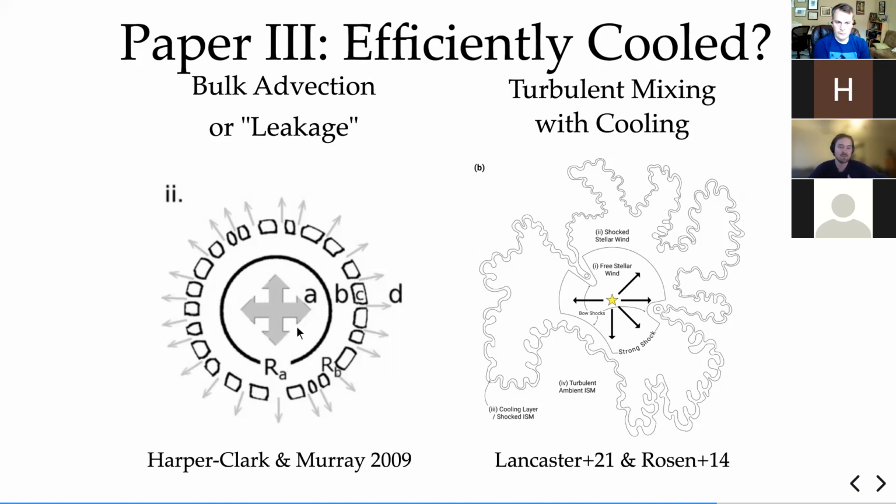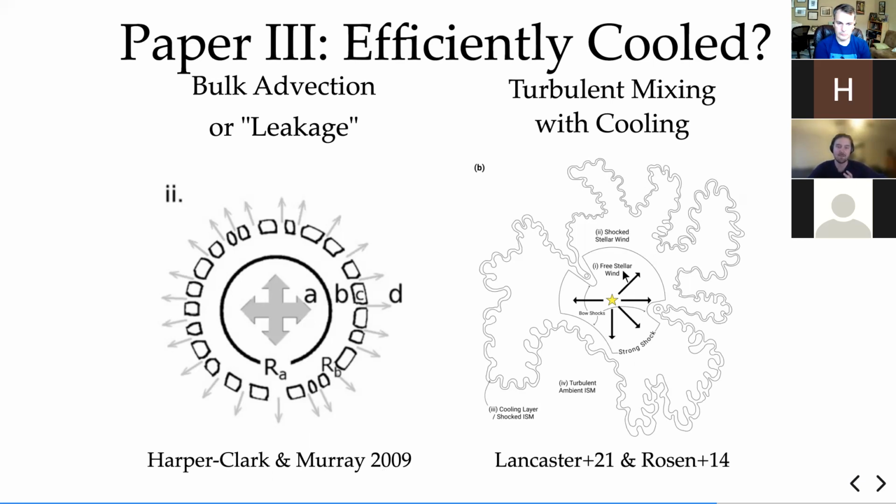The idea is that you have stars forming in a cloud and expanding winds, but the cloud is very porous and some of the winds just escape. That was initially written down and explained by Harper, Clark, and Murray in 2009.